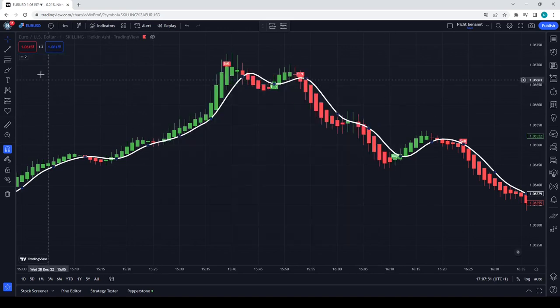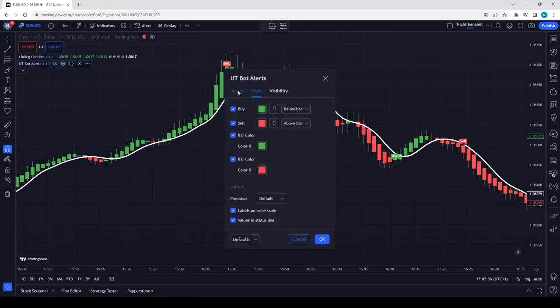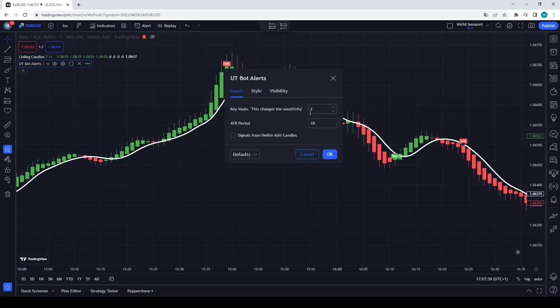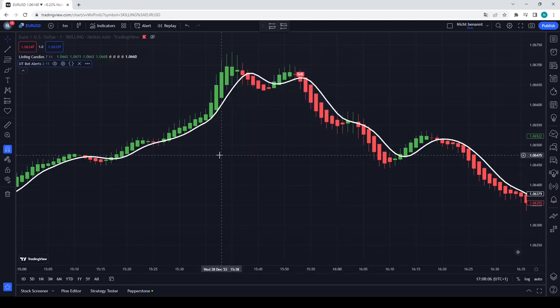We add that one and make some changes here. In the inputs we put the key value to 2 and the ATR period to 11. Click on OK, and that is already the setup. This is how the chart will look in the end.